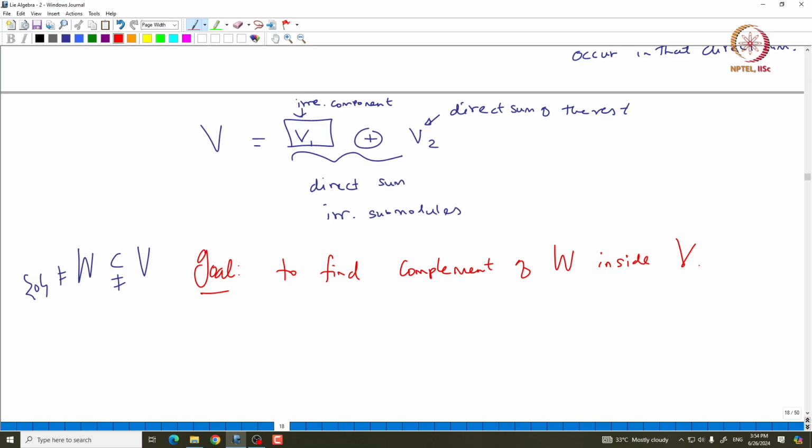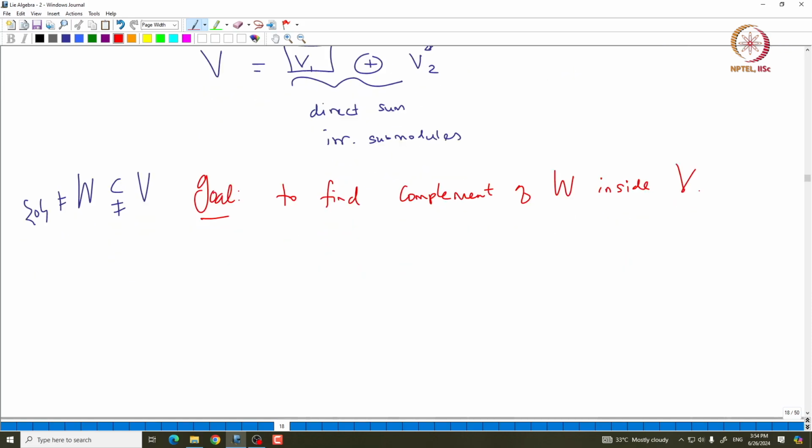So, how can one do that? We just simply use this information about V1 and V2 and then find the complement. So, now there are two possibilities. One possibility is that W intersection V1 can be 0. Okay. There are two cases. Let us see the cases.